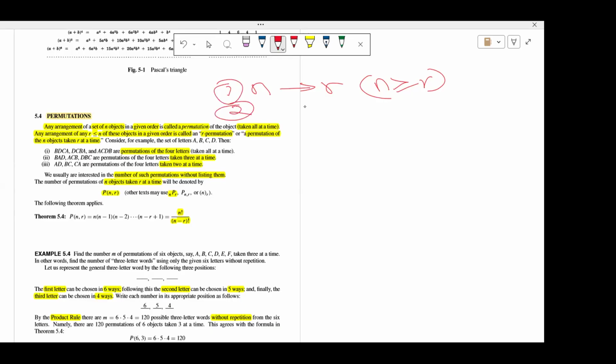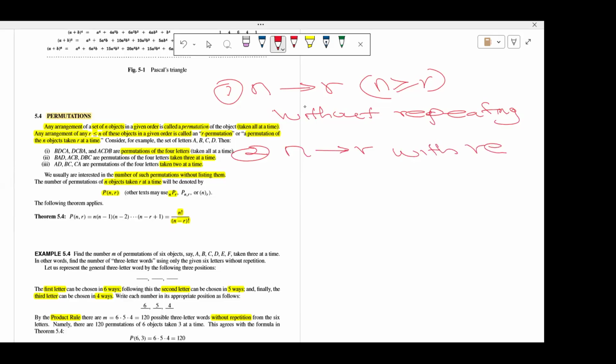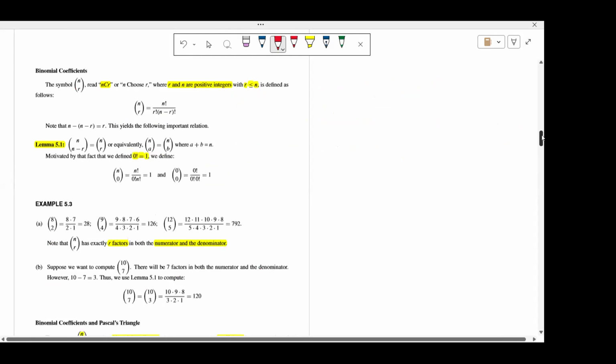In the first type, we do not repeat the things, without repetitions, without repeating the elements. Second type: from n objects, you need to take r objects with repetitions.